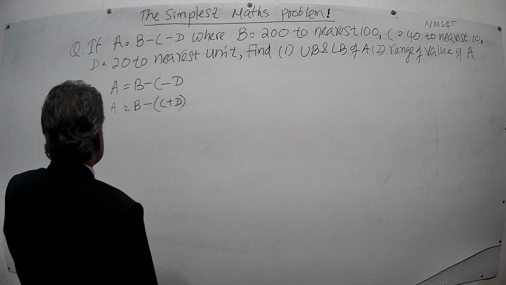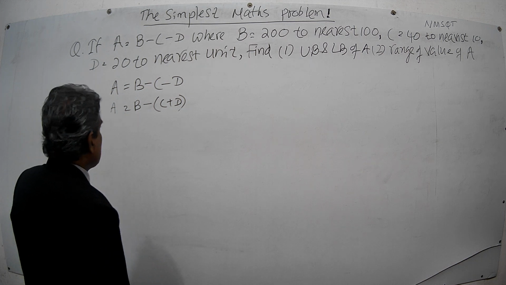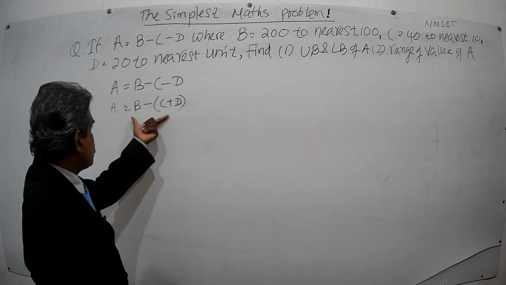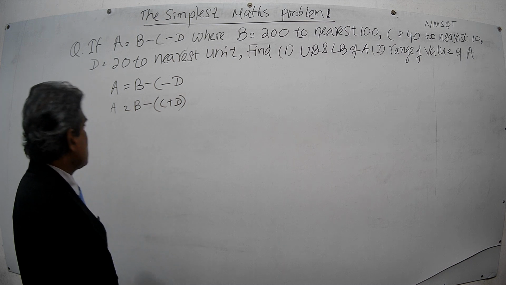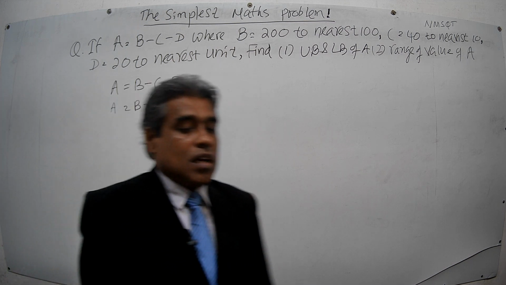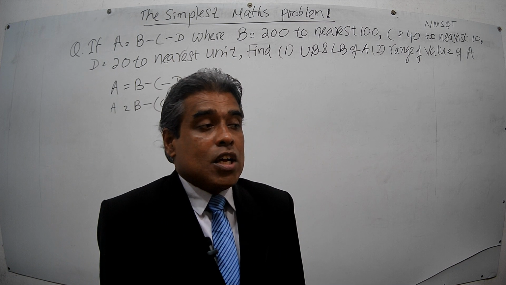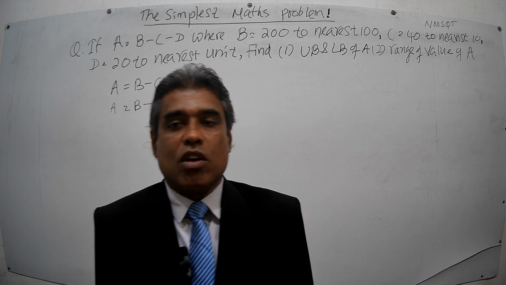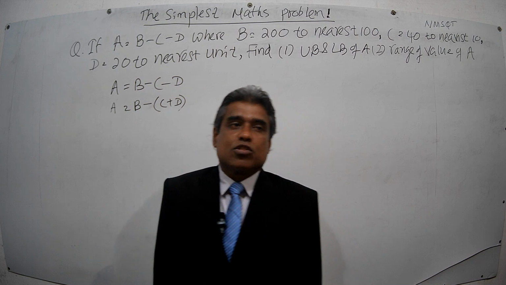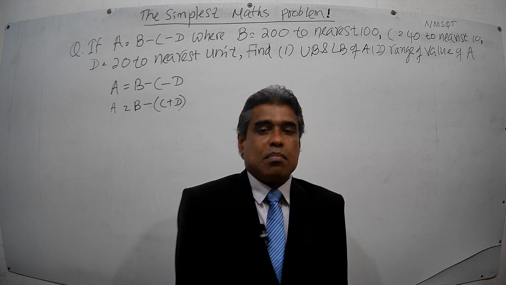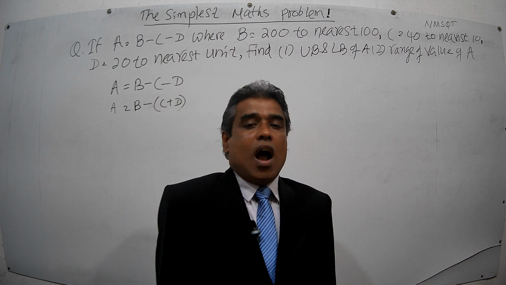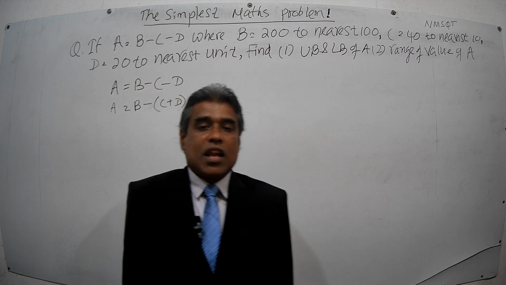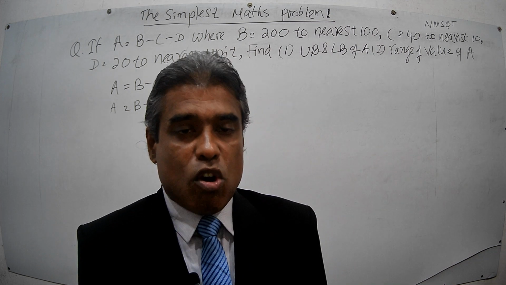Okay, now let's see, we want to find the upper bound. We know that this is a difference of two terms, this one and this. Then that is what applies here: how to find the upper bound and lower bound of a difference. We have learned two formulas. Upper bound of difference equals upper bound of the larger value minus lower bound of the smaller value.